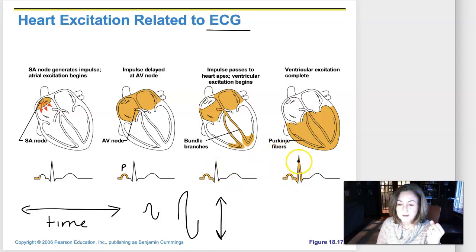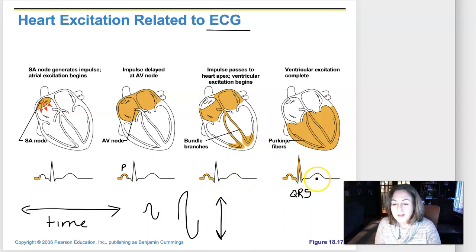We can see this big spike occur. That's called the QRS complex. And the QRS complex is a recording of ventricular depolarization. And then you can see how there's another wave, and this is ventricular repolarization. So the ventricles go back to normal. That's called the T wave.